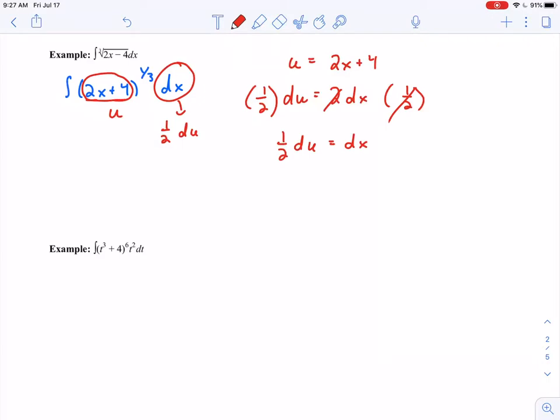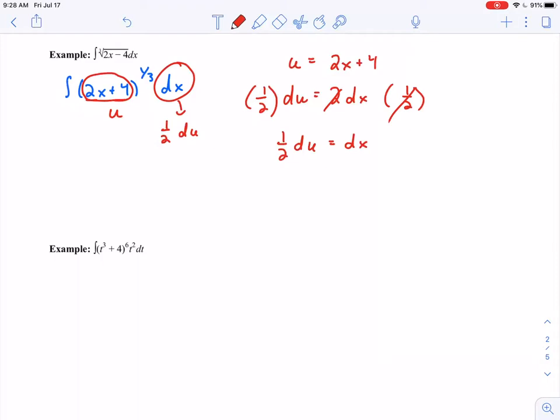So this is what I meant earlier by solving for other parts of your integrand, where we had some extra stuff up here. Our du didn't quite look like everything else in the function, so we had to divide it, or in this case, multiply it by some constant. And usually that's all it is. Most of the time, if it doesn't match up exactly right, you're just going to have to multiply or divide by some constant.